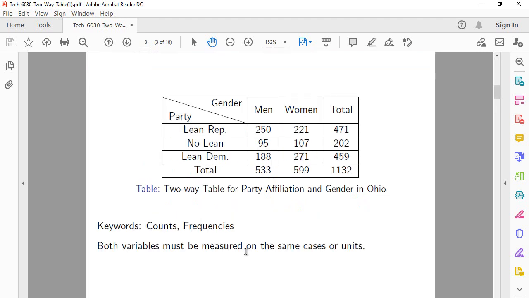Okay, so the same table that I have drawn here has the variable gender on the columns and the variable party preference on the rows.